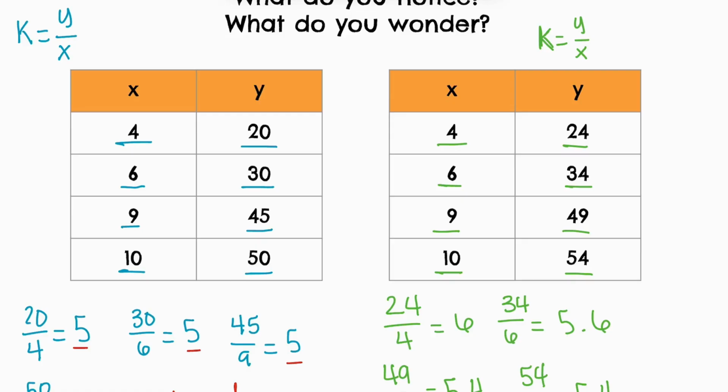Does this table show direct variation? Are my k's the same? Well, these two are the same, but all of them have to be the same for this table to show proportionality. So no, this table does not show proportionality.